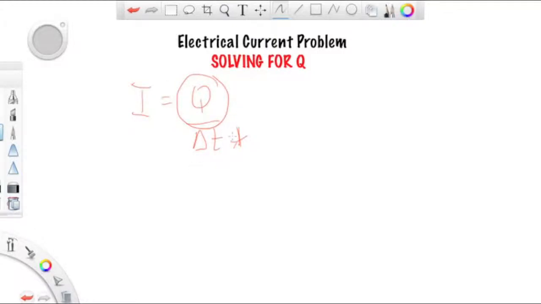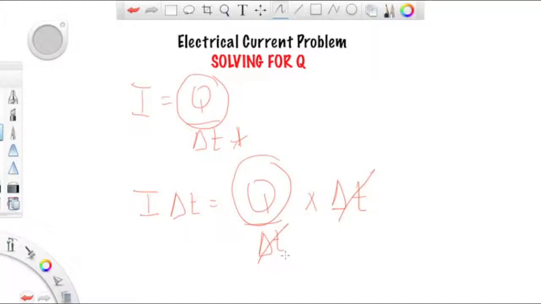Simply put, I times T equals Q over T times T. This T and this T cancel each other out, isolating this Q just as we want it.